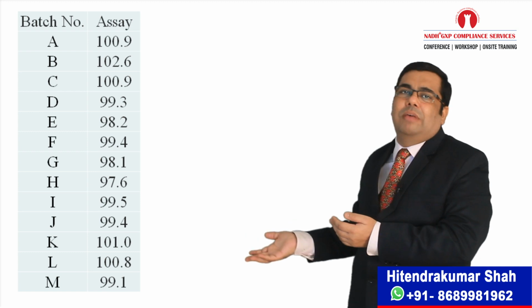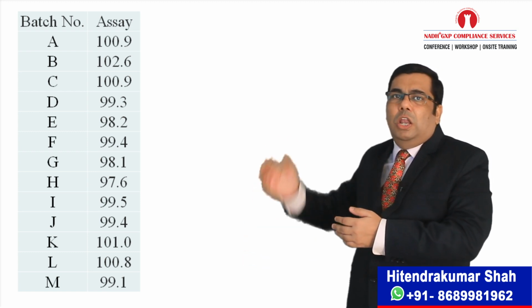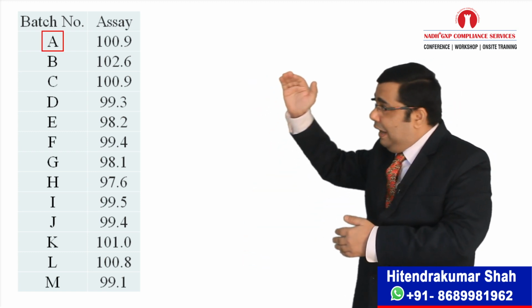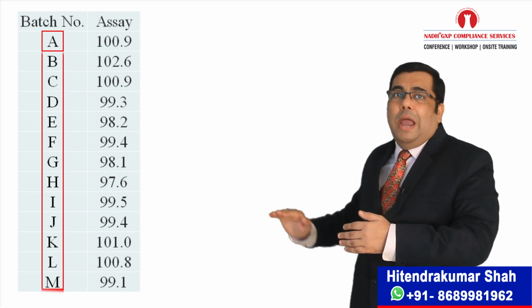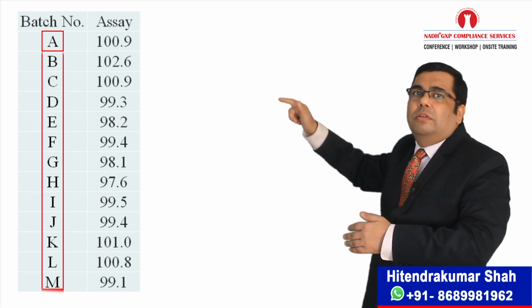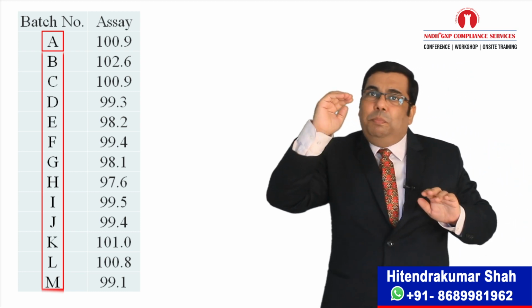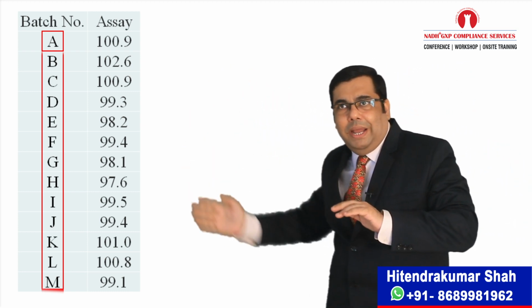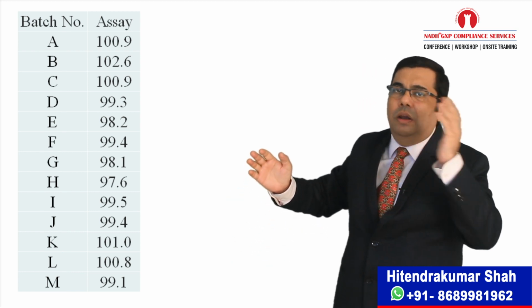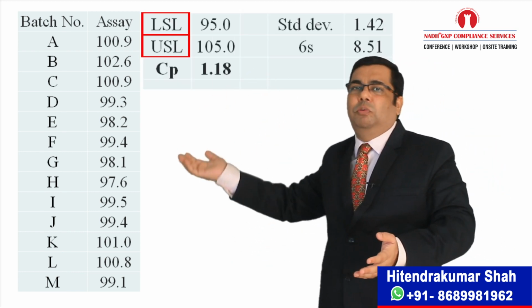Now let us calculate the CP with this simple example. There are a number of batches from batch number A to batch number M, and for each batch there is a different assay value. The specification for this product has a lower specification limit as well as an upper specification limit.